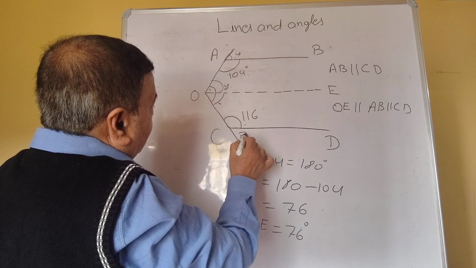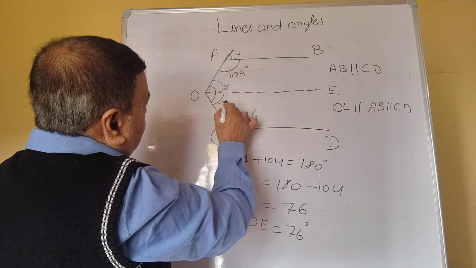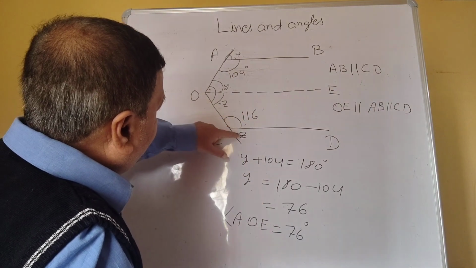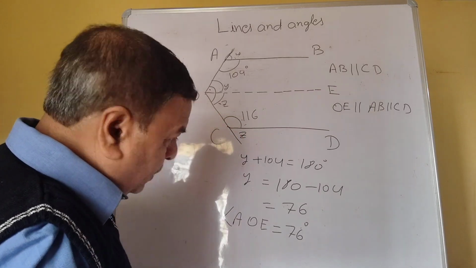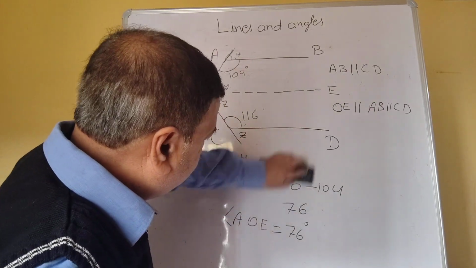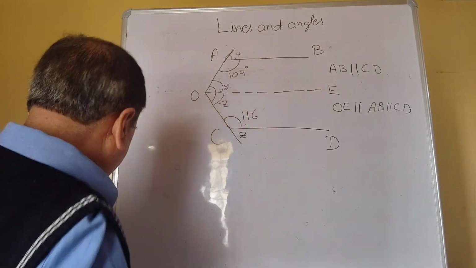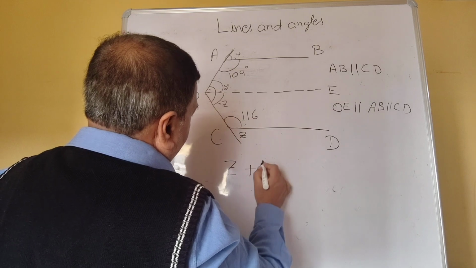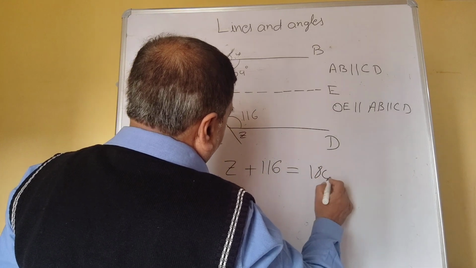Suppose this is Z, then Z plus 116 is 180, and Z is equal to this, so this is also Z. So we can say that angle Z plus angle 116 will be equal to 180.